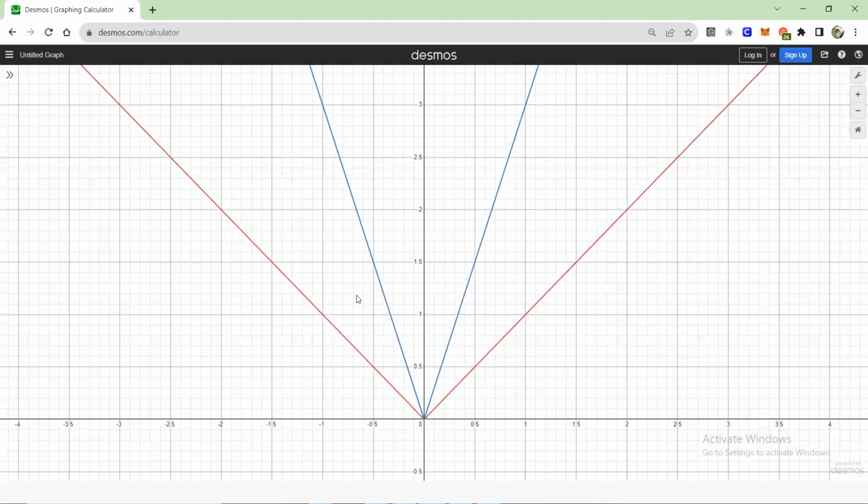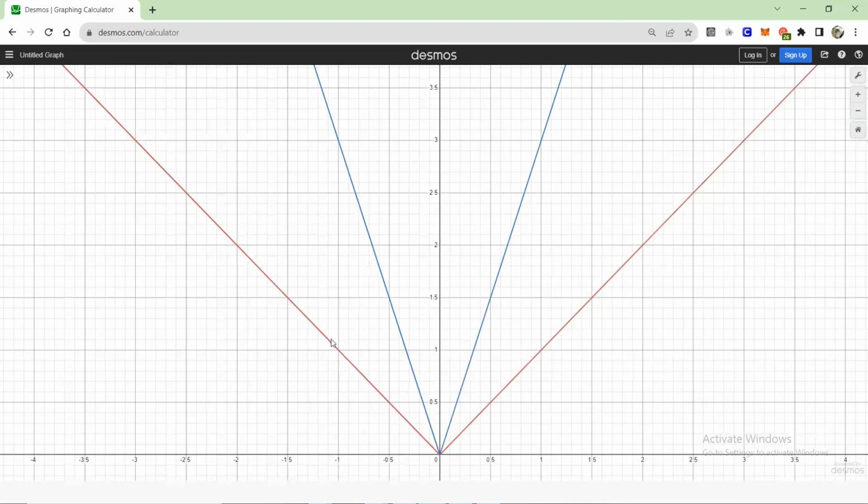That's how we're going to be stretching it. 0, 0 still stays at 0, 0. So that's what vertical stretch means.